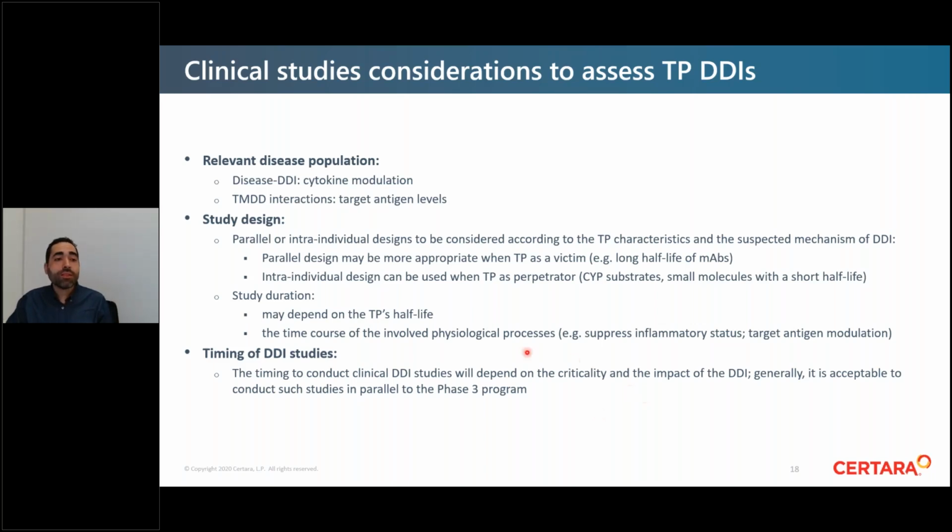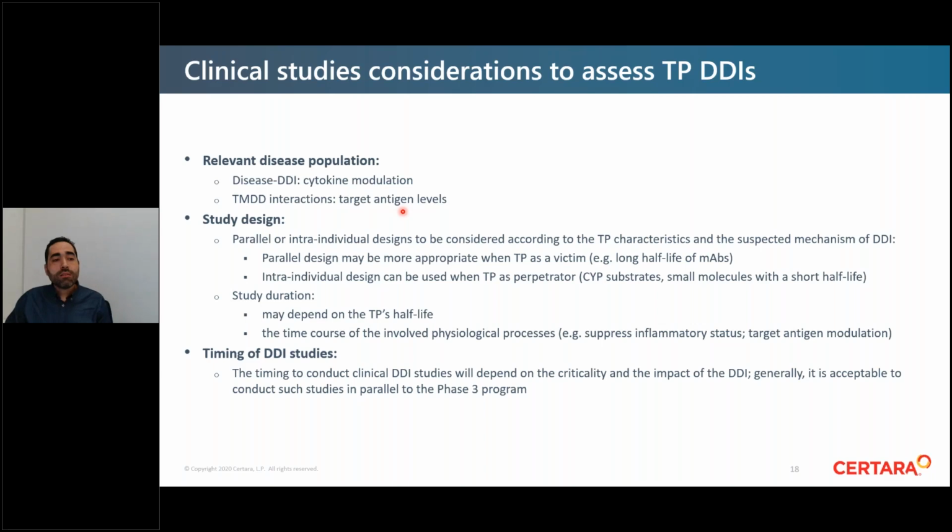It is the case, for example, for the cytokines modulation. So cytokine levels are very specific to a disease and its severity, so you need to enroll the right patients to evaluate DDI. And it is also the case for the TMDD interactions, where you are evaluating the DDI depending on the level of your antigen. So this may be found only in the patients and not in healthy volunteers.